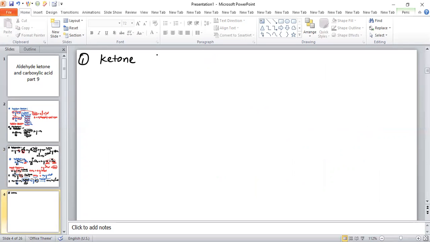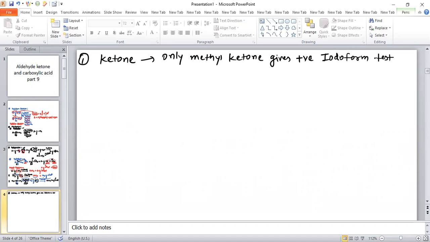We can say only methyl ketones give a positive iodoform test. Only methyl ketones give a positive iodoform test.